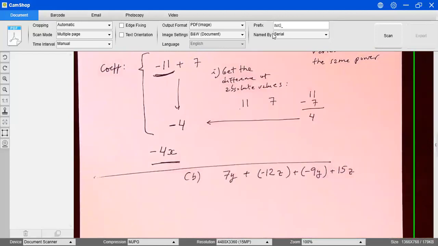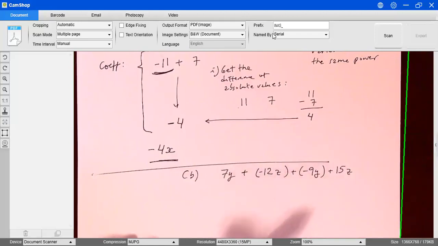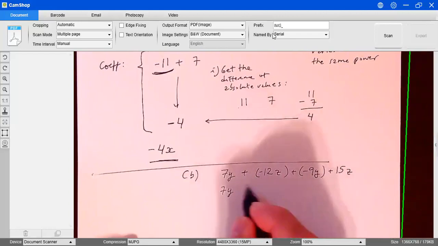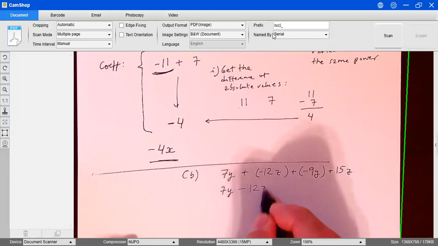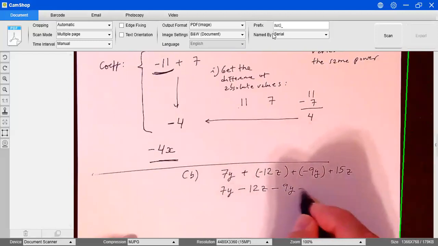So that's the new problem to solve. So the first thing is that we're going to remove this parenthesis. So we have 7y, then positive times negative is going to be negative 12z, positive times negative is going to be negative 9y, and then we have just 15z.